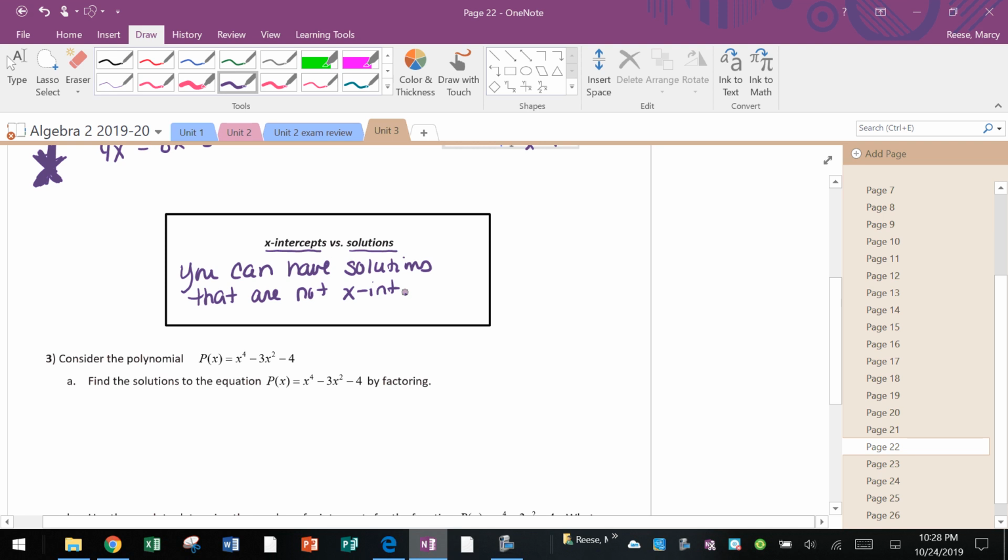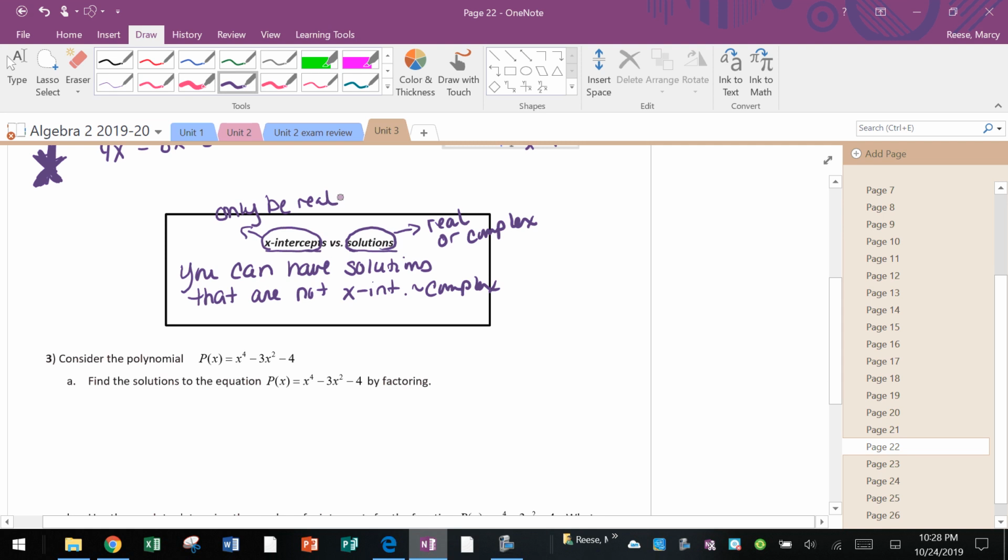And those solutions are complex numbers. Okay, so when we talk about solutions, they're either going to be real numbers or complex. However, x-intercepts out of that can only be reals.